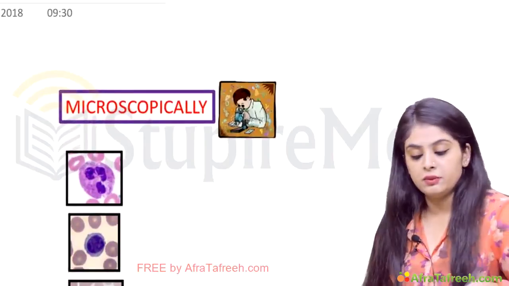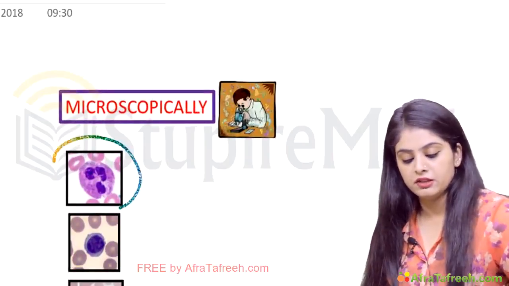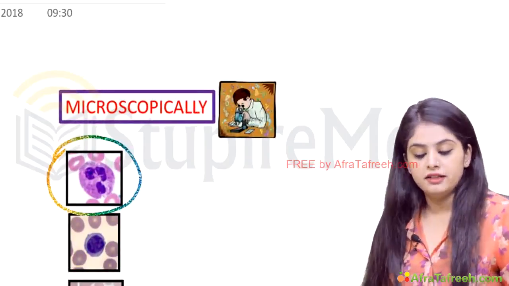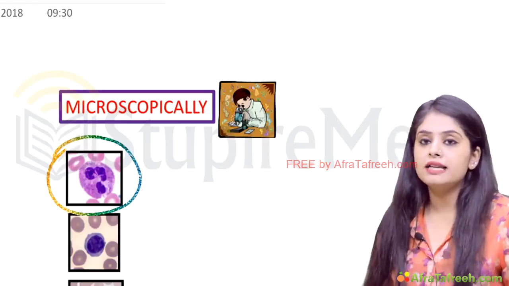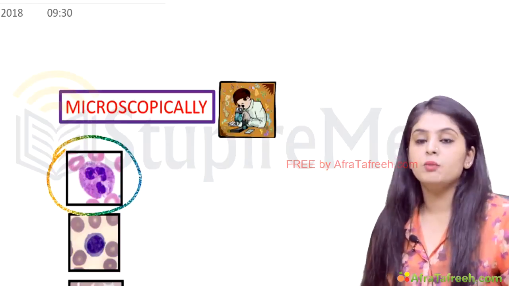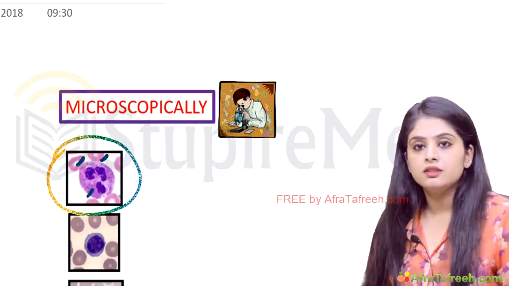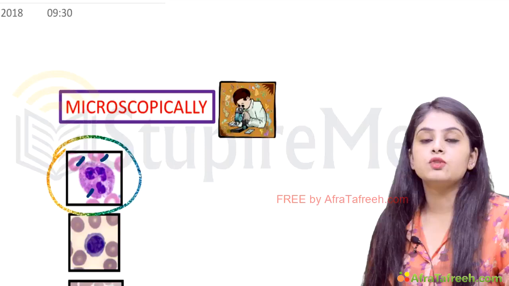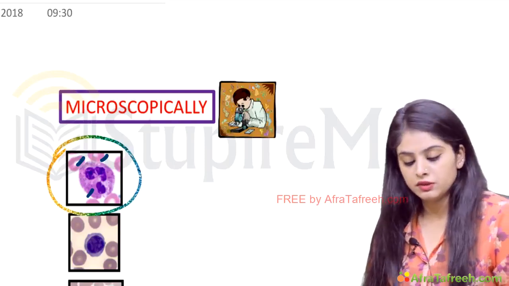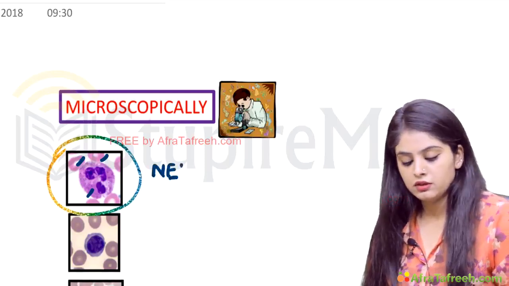The first cell that we have, just focus on this particular cell. If you can correlate with the schematic diagram, how many nuclear lobes is it showing? 1, 2, and 3. What was the cell that was showing nuclear lobation? It was a neutrophil.